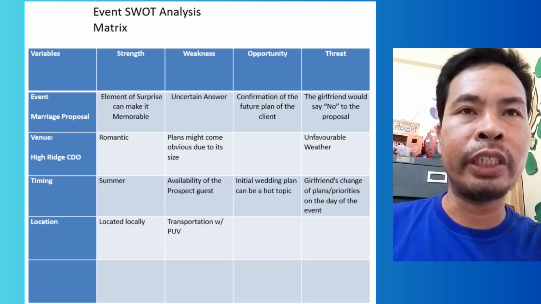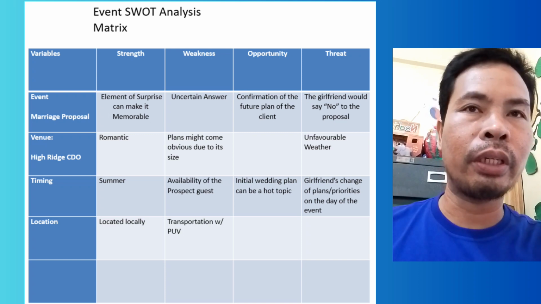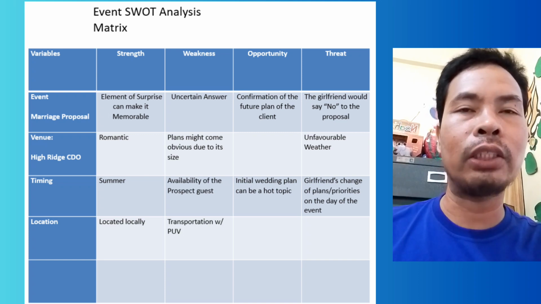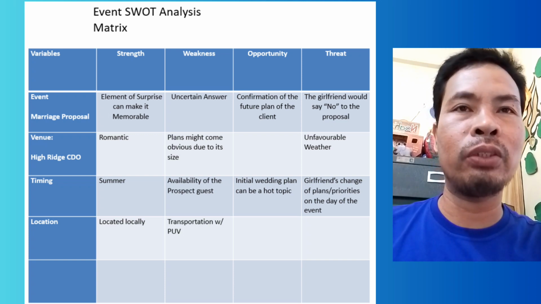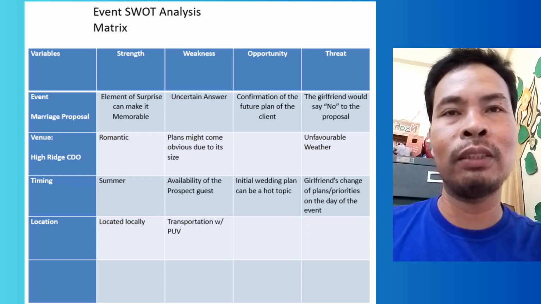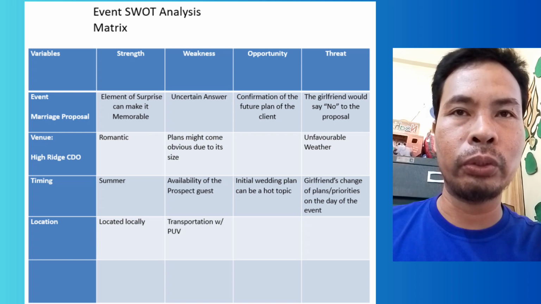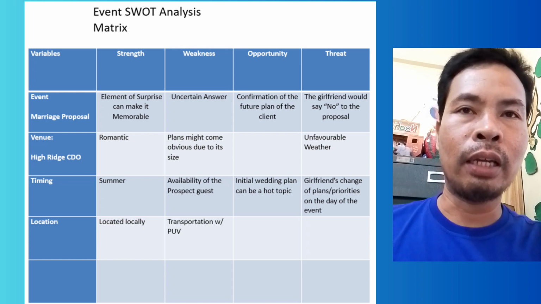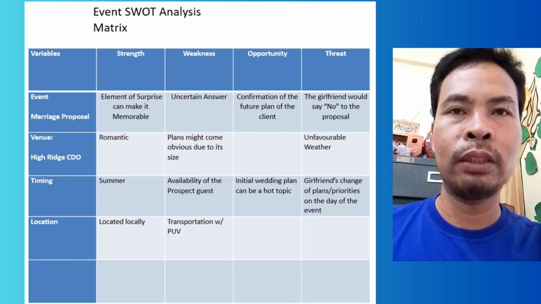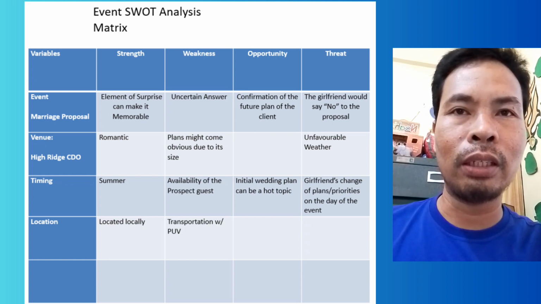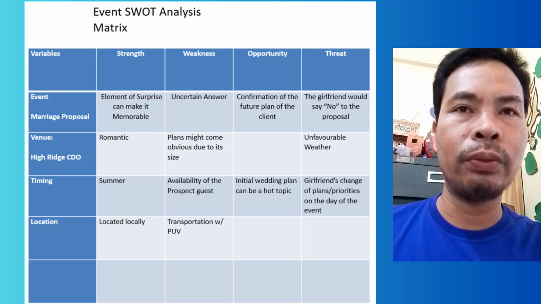On the manual, after filling in the client information sheet, assuming that I already interviewed the client, in this part I have my event SWOT analysis matrix, the strength, the weakness, the opportunity. So the variables are the event itself, the marriage proposal, the venue is High Ridge, Cagayan de Oro City, timing, and the location.